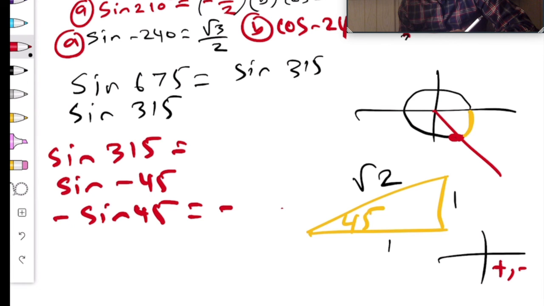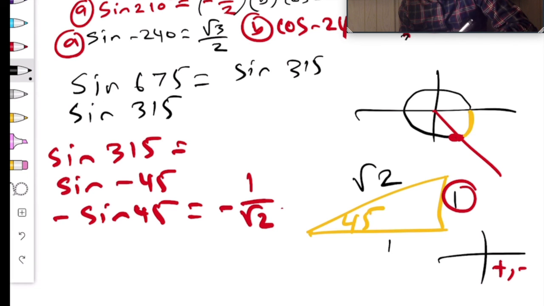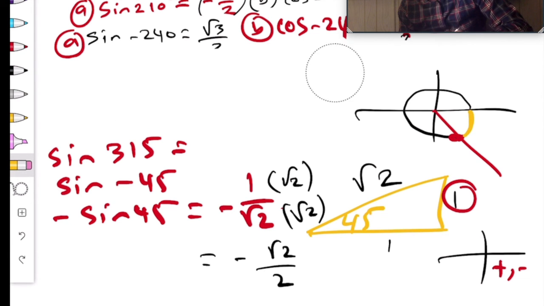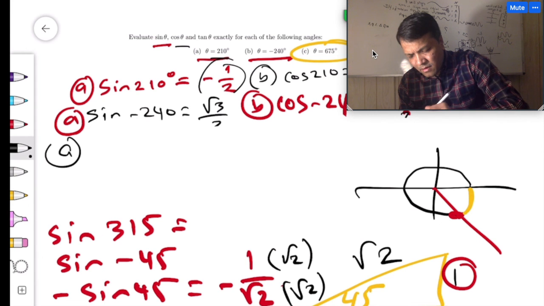So y is 1, r is square root of 2. So then we're going to multiply top and bottom by square root of 2. That's going to give us negative square root of 2 over 2. Okay, so we got that. So a, sine 675, is equal to negative square root of 2 over 2.